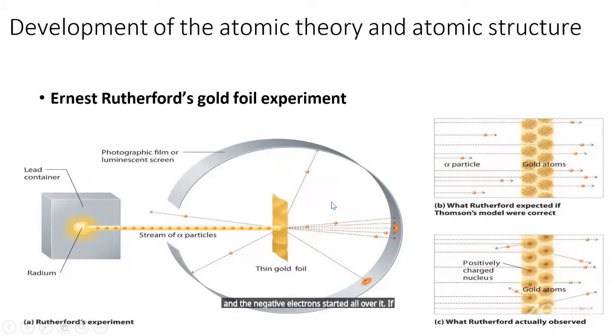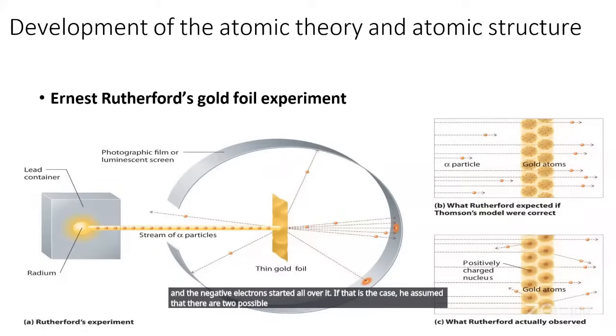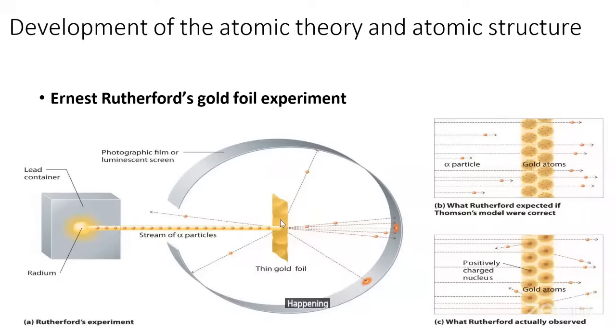If that is the case, he assumed that there are two possible things that could be happening. One is that whatever is making these alpha particles bounce back, maybe the alpha particle has hit something hard in the middle of this foil, because the alpha particles were shot through the middle of the gold foil.